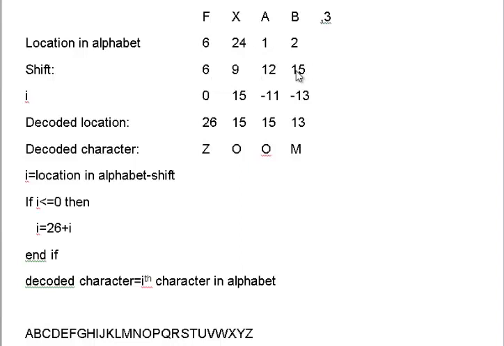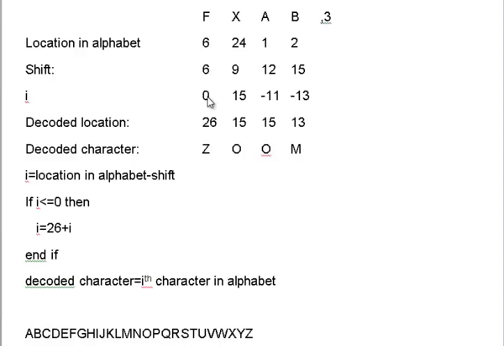The next thing I'm going to do is subtract the shift from the location in the alphabet. So 6 minus 6 is 0, 24 minus 9 is 15, 1 minus 12 is negative 11, 2 minus 15 is negative 13. Then I'm going to look at the I value. If the I value is less than or equal to 0, I automatically add 26 to it.